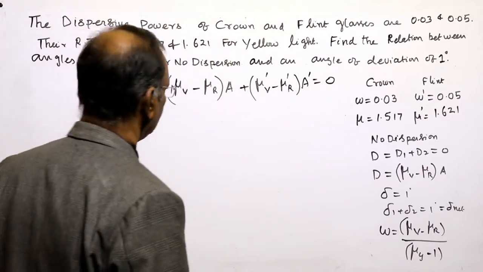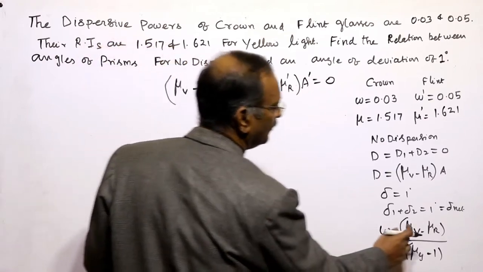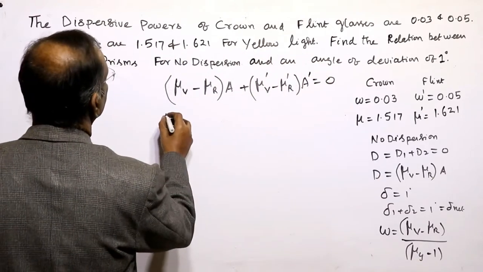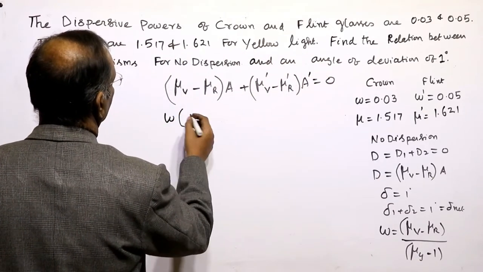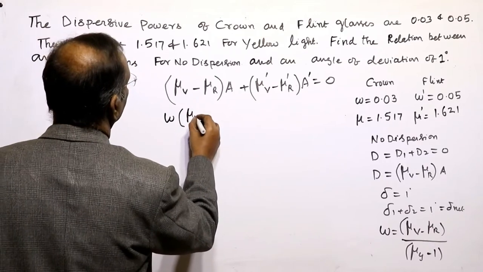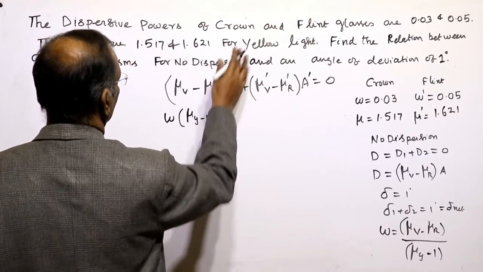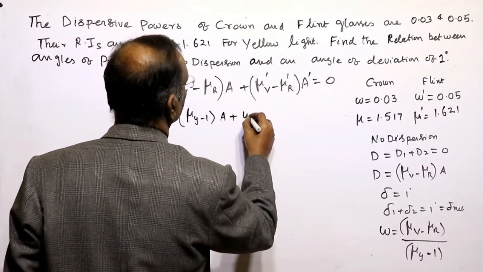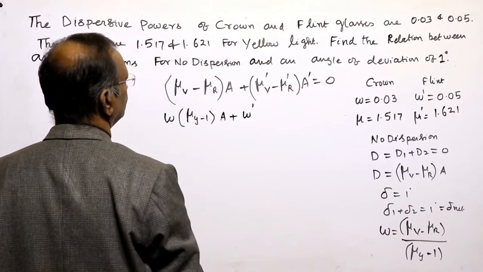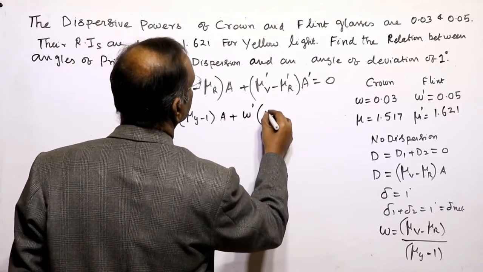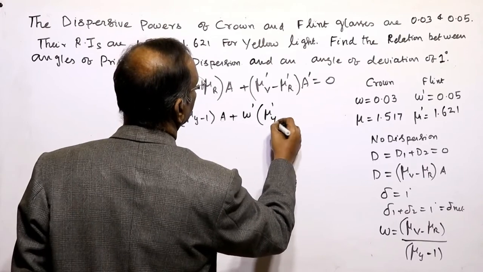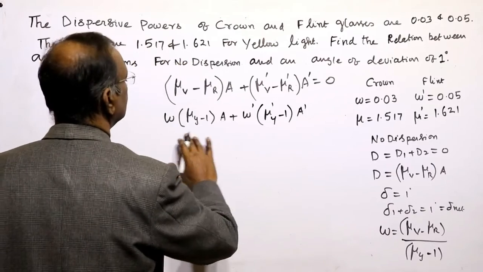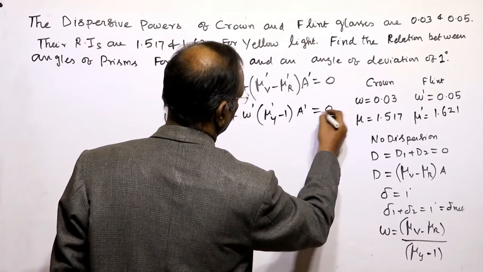As we have seen, mu V minus mu R is equal to omega into mu minus 1. We can write dispersive power for crown glass into refractive index of yellow minus 1 for crown glass into A, plus dispersive power for flint glass into refractive index for the yellow light minus 1 into A dash, equal to 0.